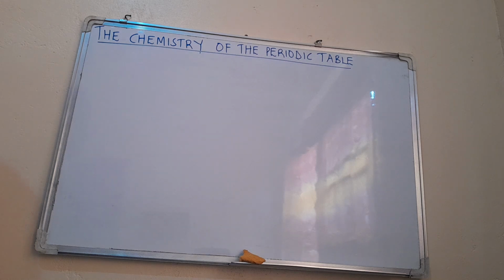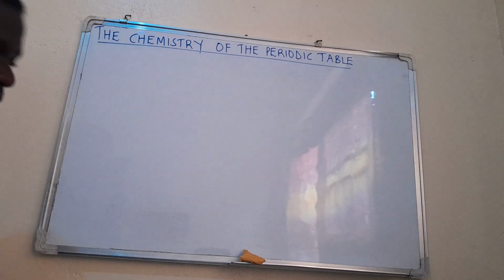Sorting is like grouping. It groups and sorts elements, chemical elements, in vertical columns known as groups. Then it also sorts elements in horizontal rows known as periods. So this is a kind of classification of chemical elements.